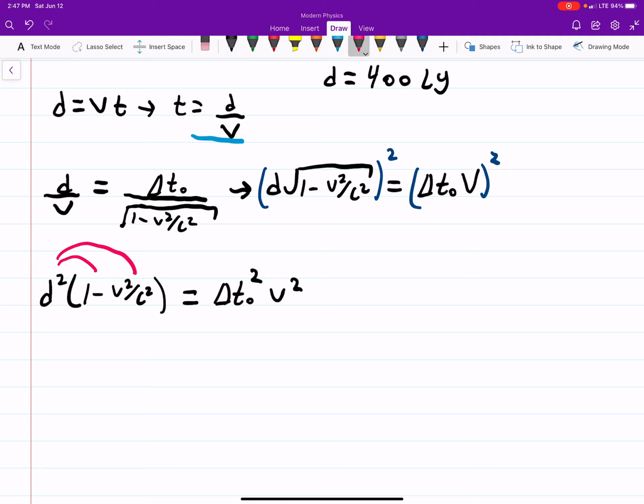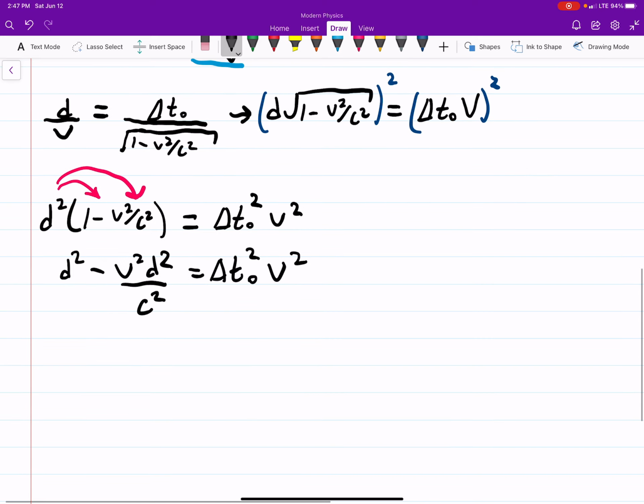I can distribute this d squared to get d squared minus v squared d squared over c squared. And what I had over on the right-hand side doesn't change, I just distributed.